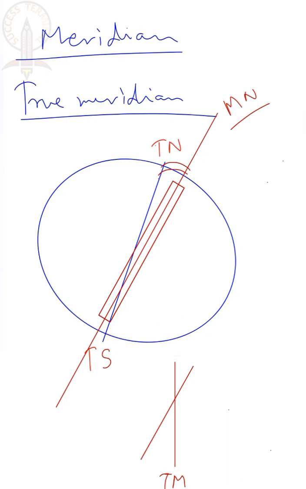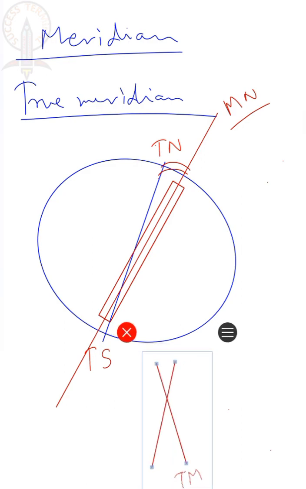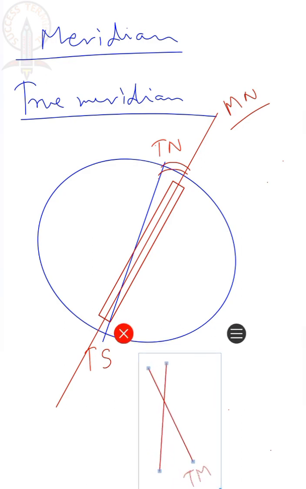So let's rotate the picture in such a way that the magnetic meridian becomes north. This is our magnetic meridian.